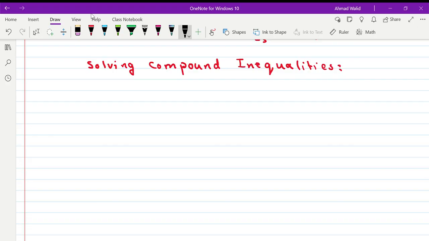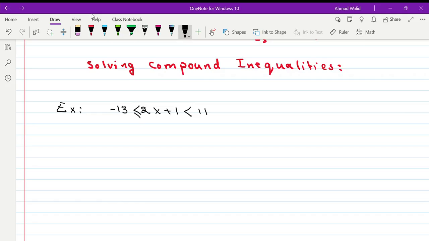For example, if they give me a compound inequality, let me write a good one for you, example number one, because in your book, immediately they start with the fraction one. 2x plus 1 less than 11, greater than or equal to, let's say, 13. Not negative 13. Correct?